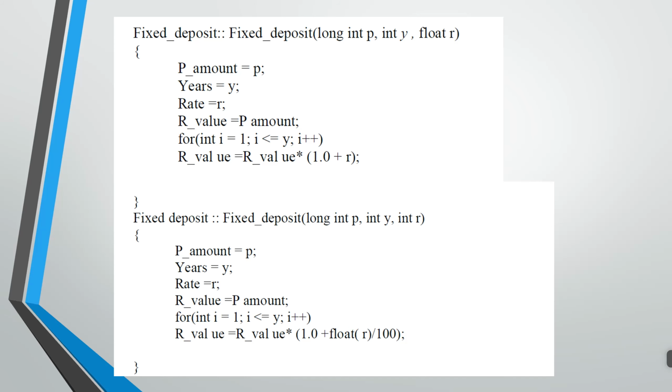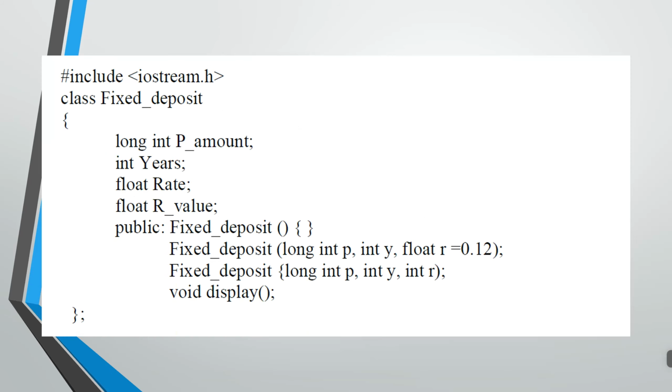Here is an example for the bank account, how you are going to execute this. See here, there is a class called fixed deposit, created with a long integer as principal amount, integer as years, float as rate, float as R value.